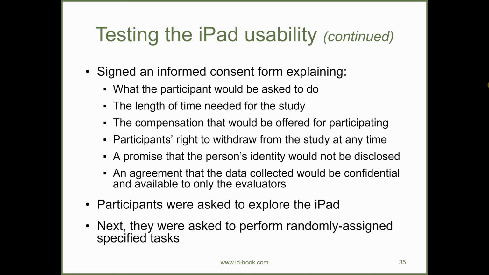When I talked about informed consent, I didn't really tell you that you need to get a paper form signed. Informed consent can be either verbal or paper-based. If there is very detailed information, then you need to put it on paper.